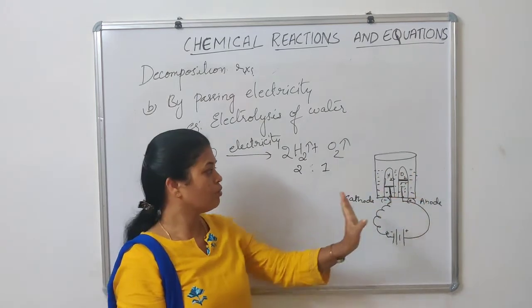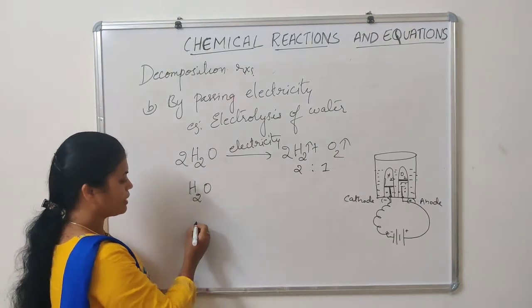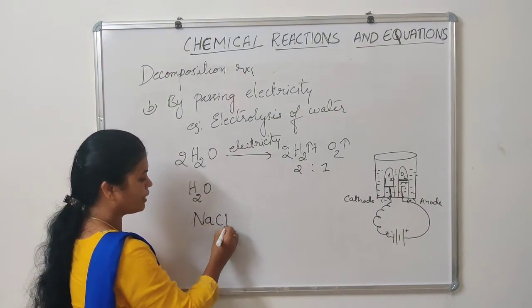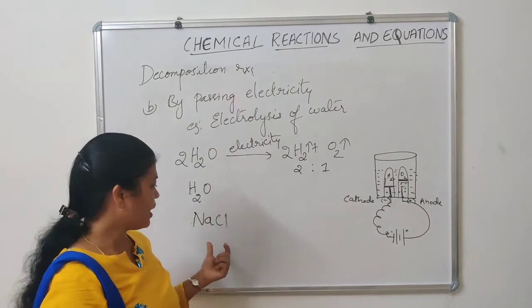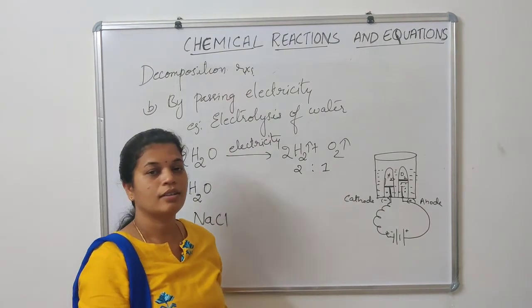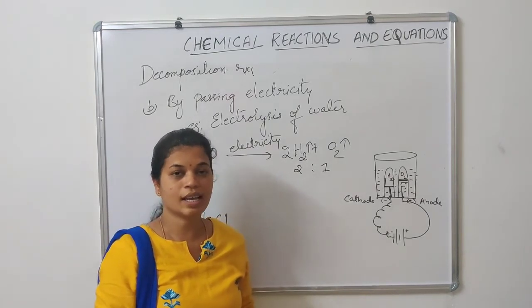Okay. Now, some more reactions can be carried out by passing electricity. Another example is sodium chloride. In the extraction of metals, you will learn the same reaction. To extract sodium metal, we use sodium chloride, which is abundantly available in the oceans and in salt.